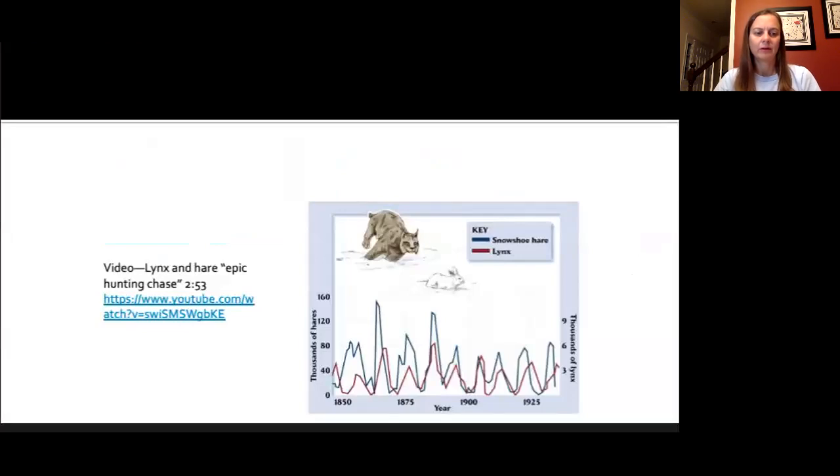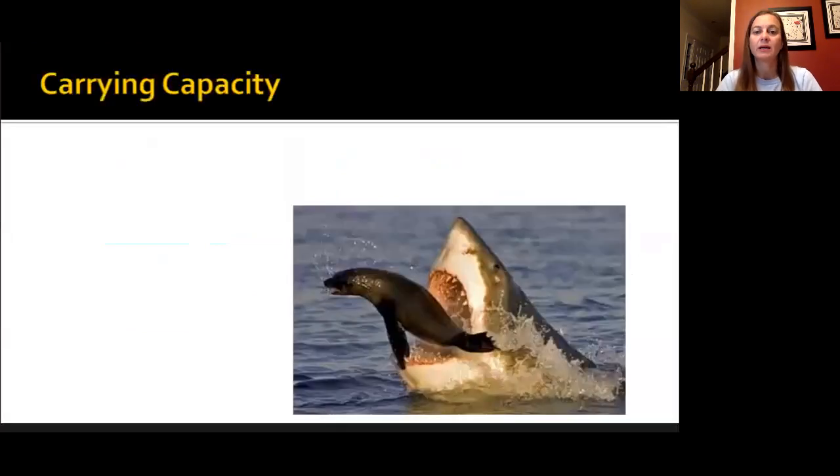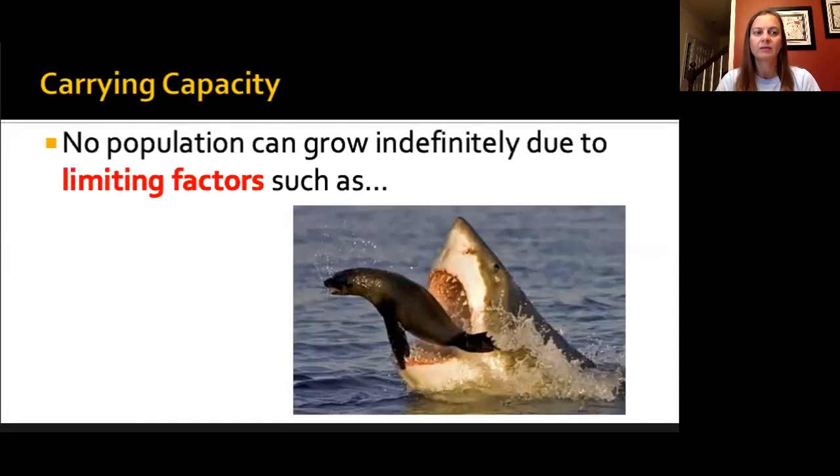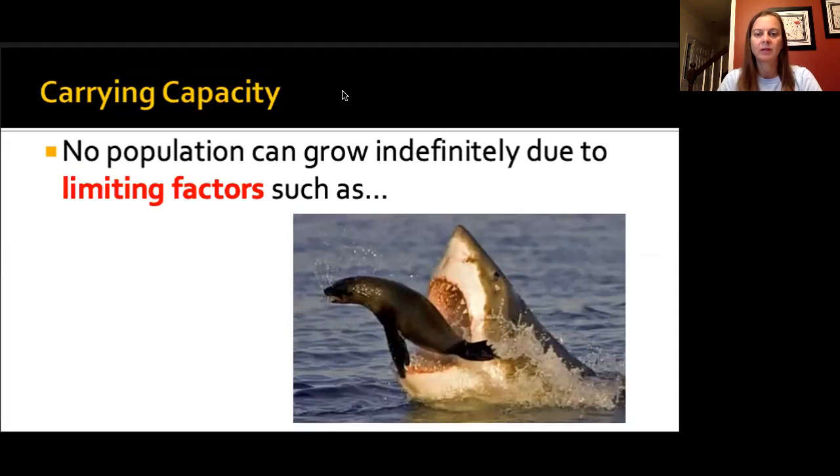So today what we're talking about is carrying capacity and those factors that limit growth. We know that no population can grow indefinitely. There are lots of limiting factors on a population.